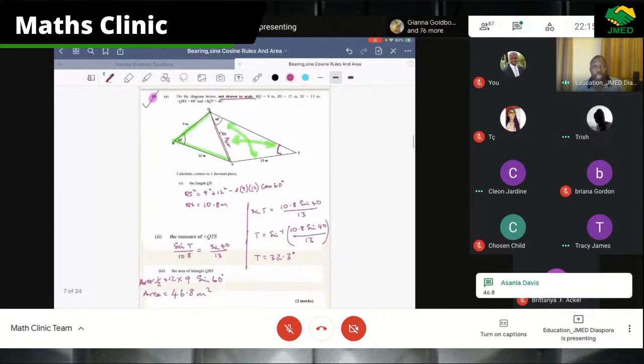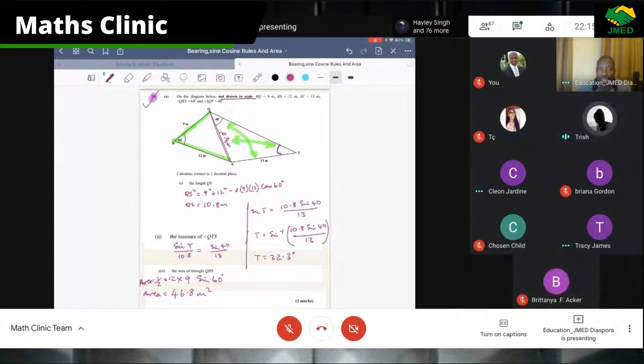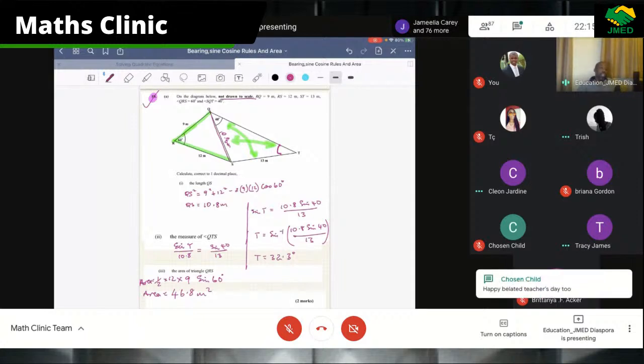Excuse me, sir. Yes. Sir, like how we find the length QS, could we also use the other formula, where you have the square root of S, bracket S minus A, bracket S minus B, bracket S minus C? Oh, you're talking about the other formula in which we use the semi-perimeter.